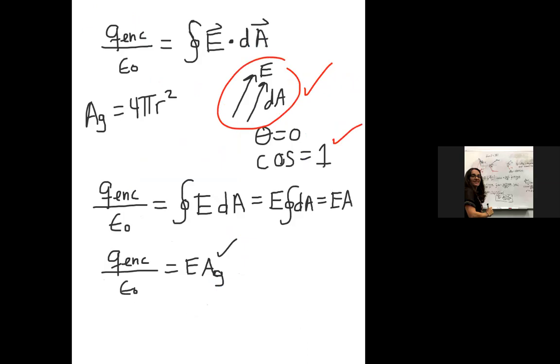Now what? Well, now I want to focus on this. What do I do with that? I still have to figure that out. So let's do that on a new whiteboard. Let's look at Q enclosed within that Gaussian.